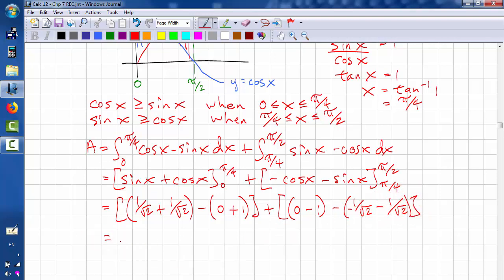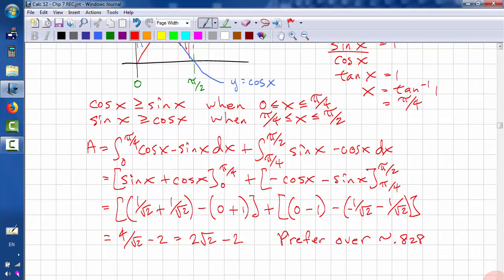And simplifying everything, this is negative 2, and these are positive, so we have 4 over root 2, and we have minus 2. We can just divide the denominator. That gives us 2 root 2 minus 2. Okay, and we prefer this over a decimal value of 0.828. This is exact. We want to try to get exact answers when possible.